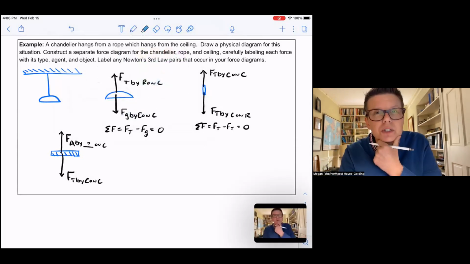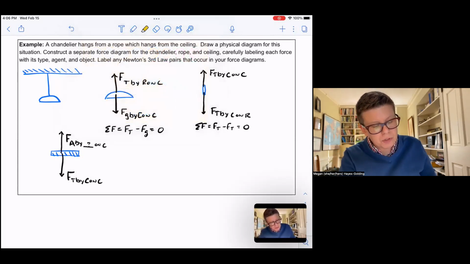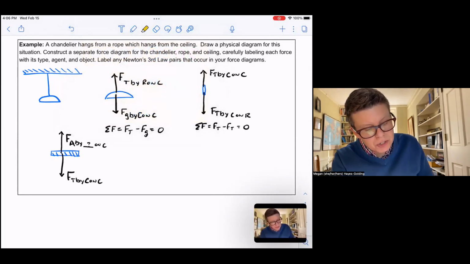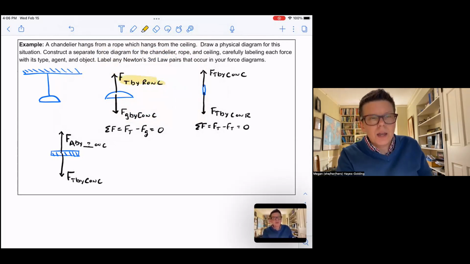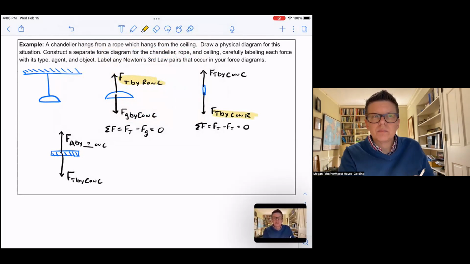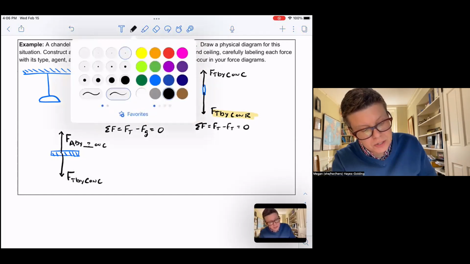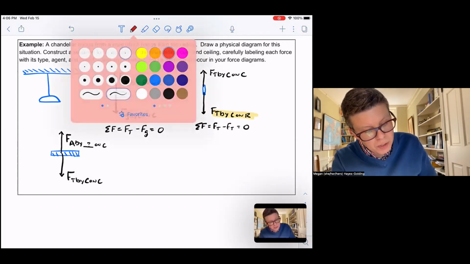Instead, I want to focus our attention on what Newton's third law says about a couple of these forces. You'll notice that there's a tension force by the rope on the ceiling, and there's a tension force by the ceiling on the rope. Those are actually both ends of the same interaction. They are identical in size. So I'm going to use a little red hash mark here.